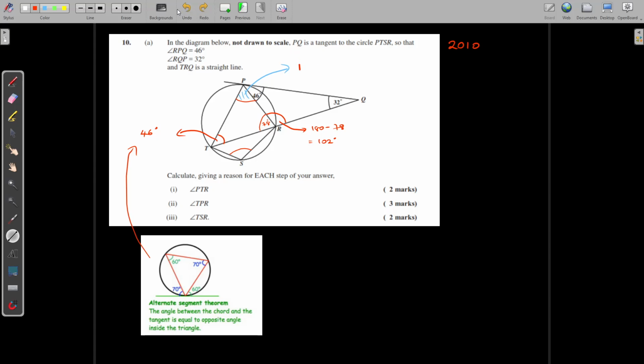180 subtract 46 plus 46 plus 32, and that gives us what? 56. Oh, I was right.